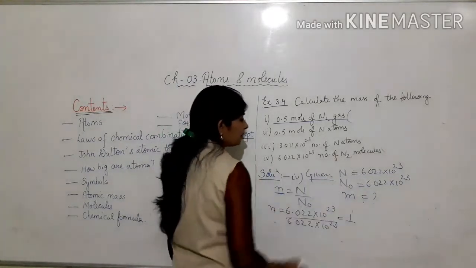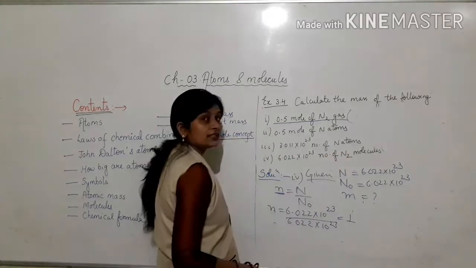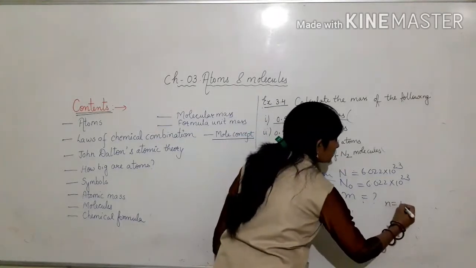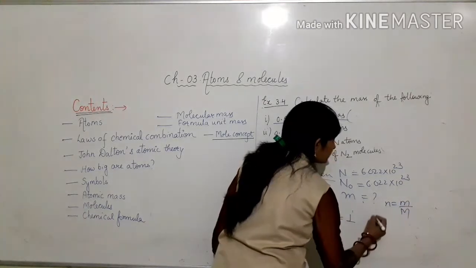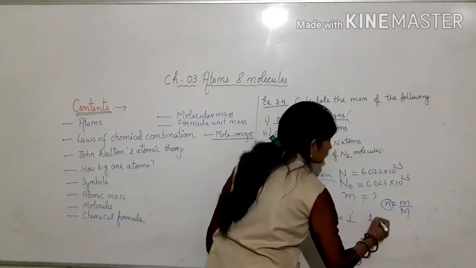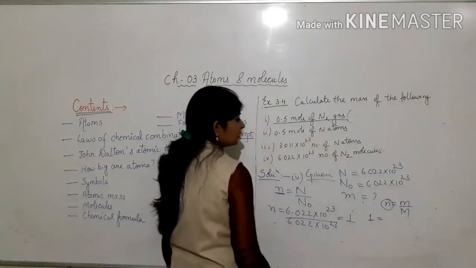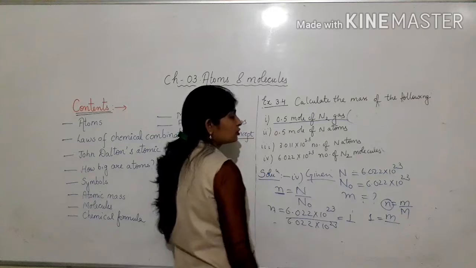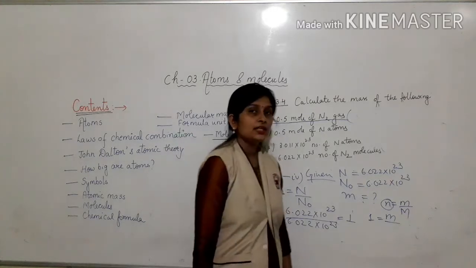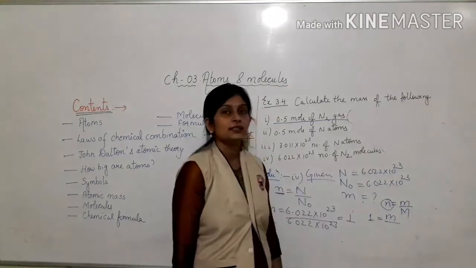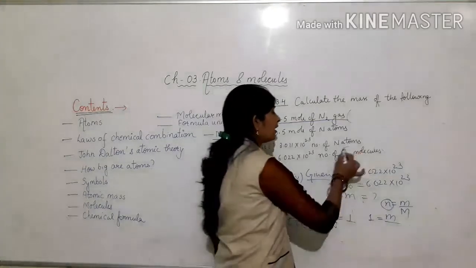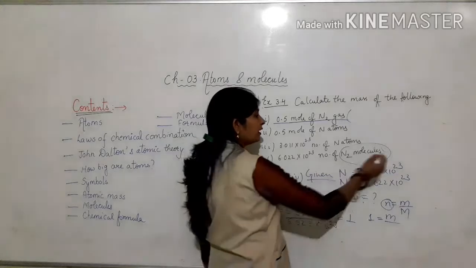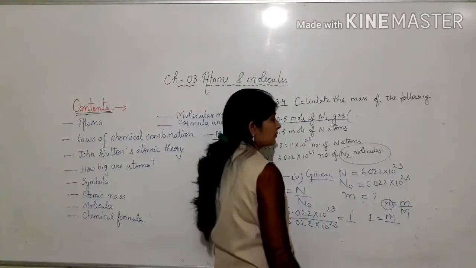Now what is the mass of these nitrogen molecules? Number of moles is equal to mass upon molar mass. Number of moles small n is 1, is equal to mass we have to calculate upon molar mass. First of all, see what kind of particles are given. Nitrogen molecules are given. So first of all we will calculate its molecular mass.